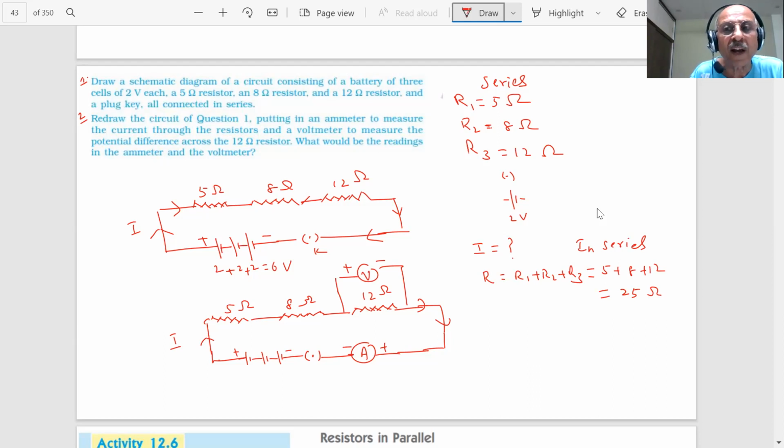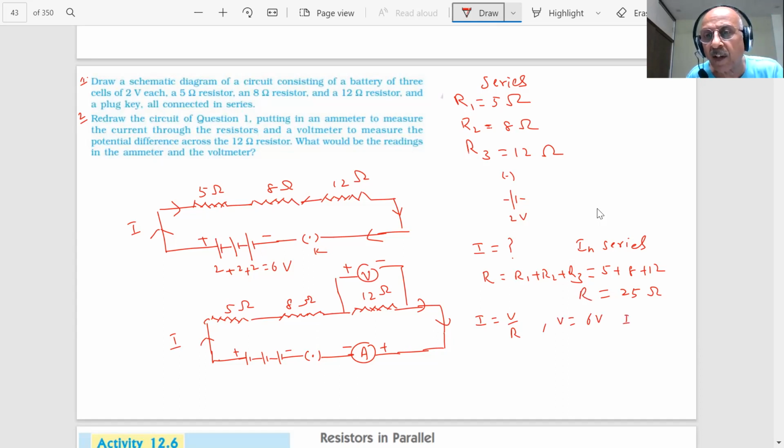What would be the reading in the ammeter? I is equal to V by R. What is the total voltage? 6 volt. And what is the total resistance? 25.